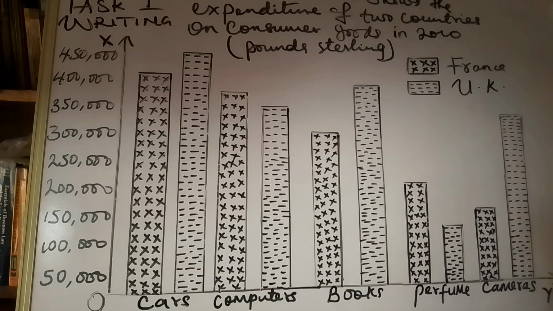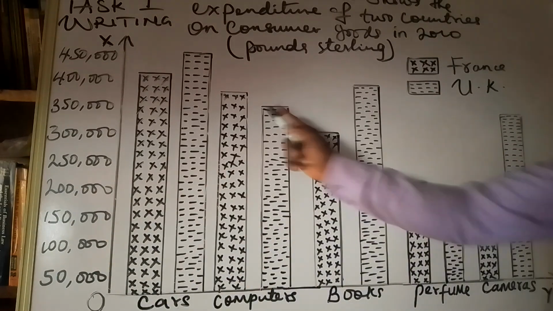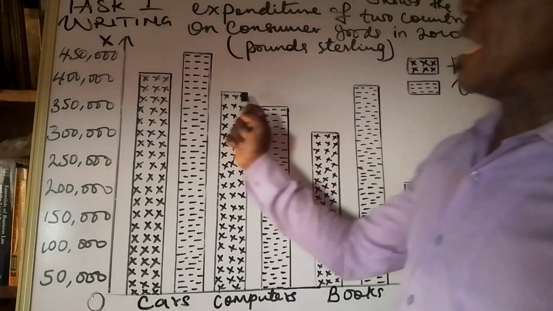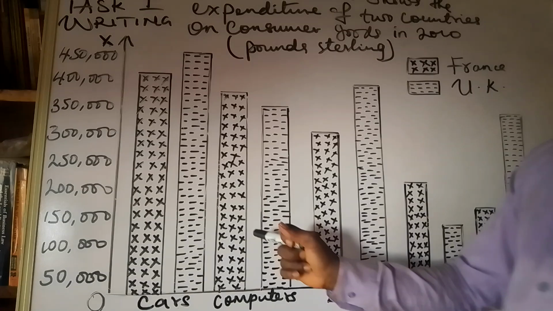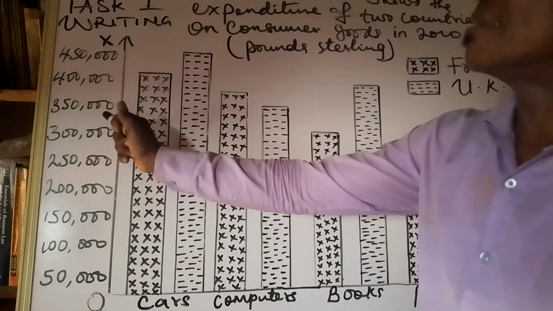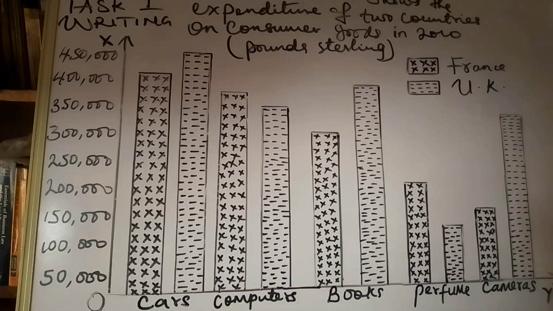On the other hand, however, the French people bought more computers at above 350,000 pounds sterling, a little more than the British, who spent exactly 350,000 pounds sterling on computers.